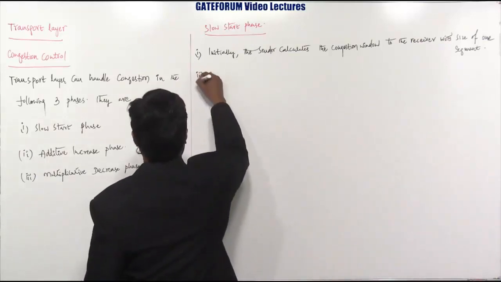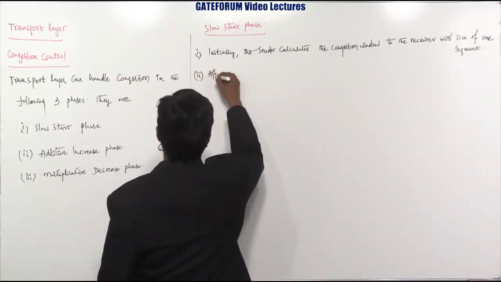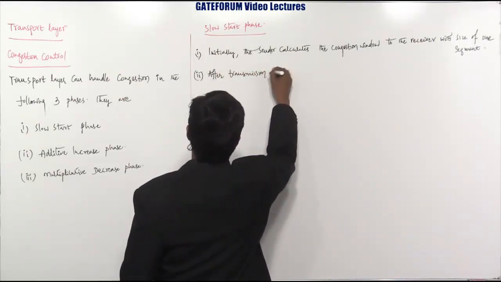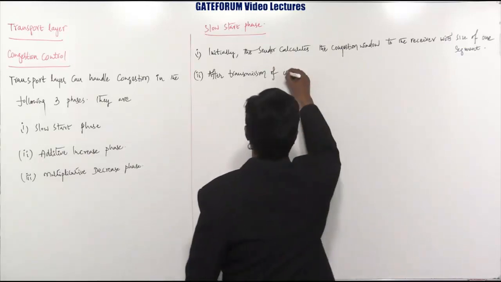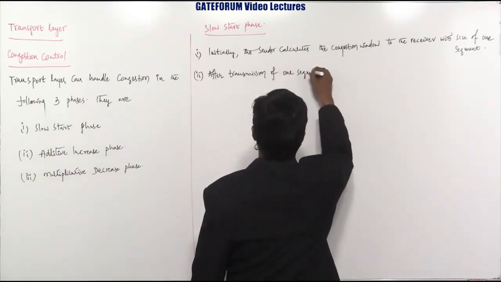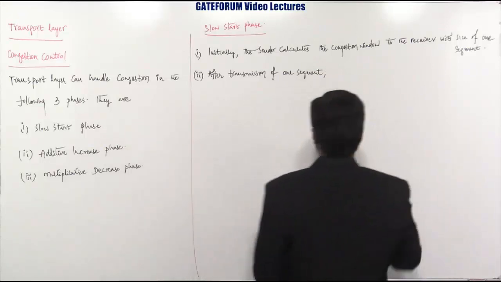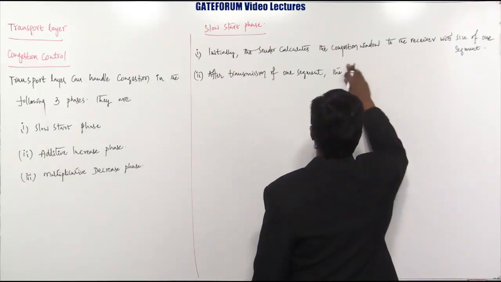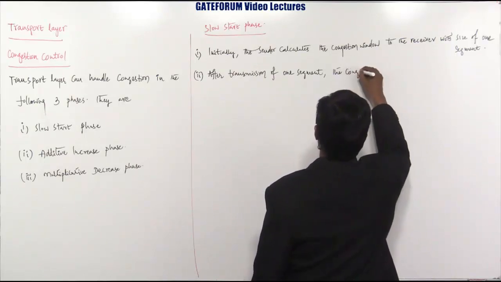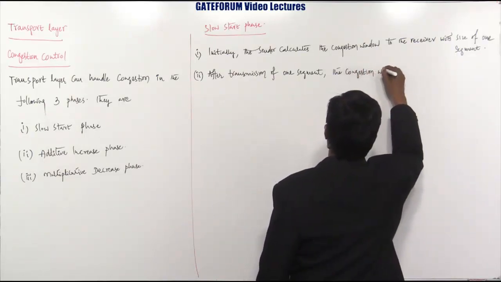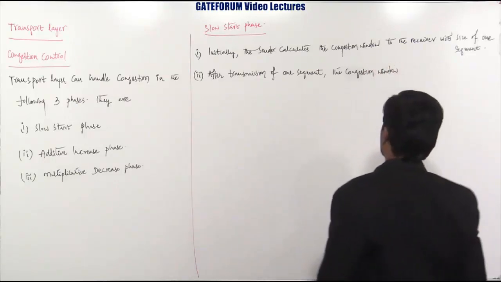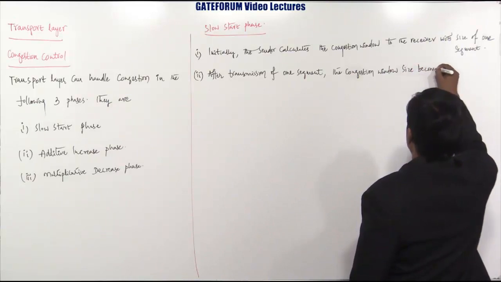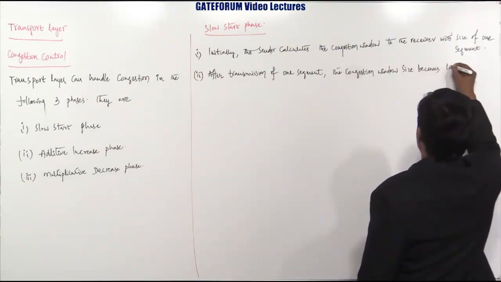Next, coming to the second point. After transmission of one segment, the congestion window size becomes two.